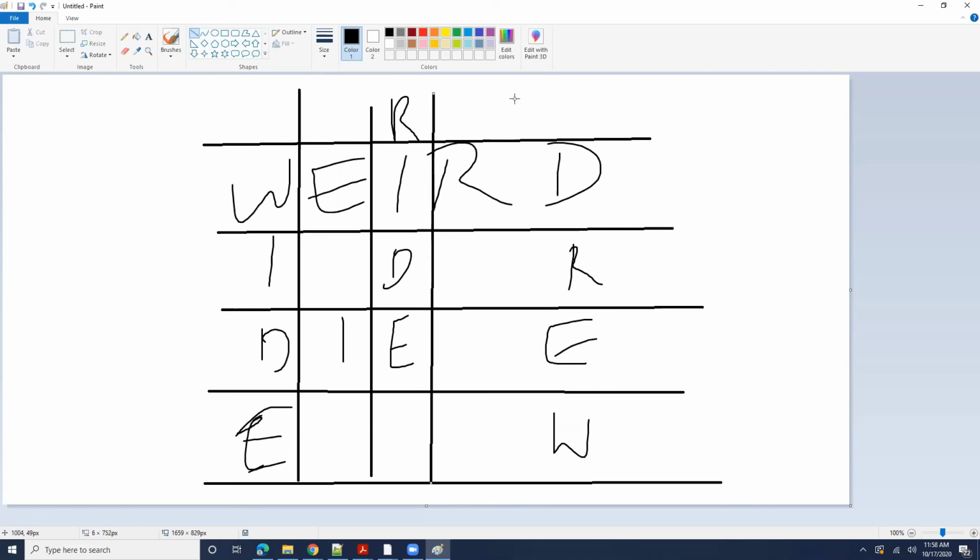Obviously, this is not the only solution. There are a lot of other 5 by 5 arrays that you can form from this. But this is one of them that you can form, right? You can come up with words that are repetitive also. There is no problem with that.